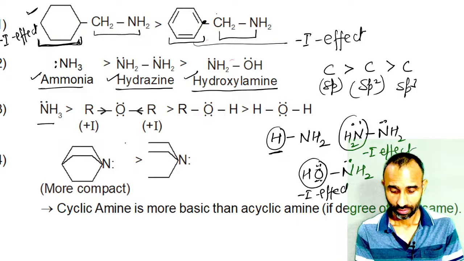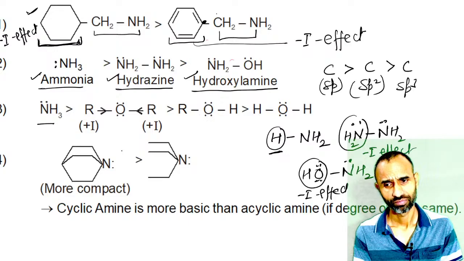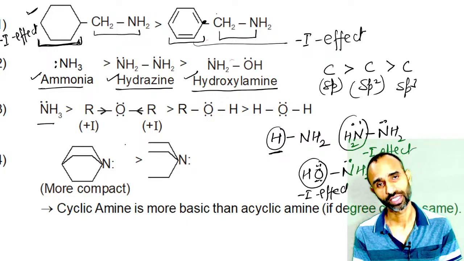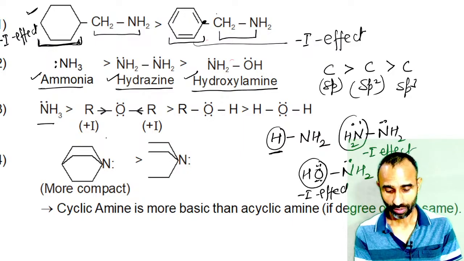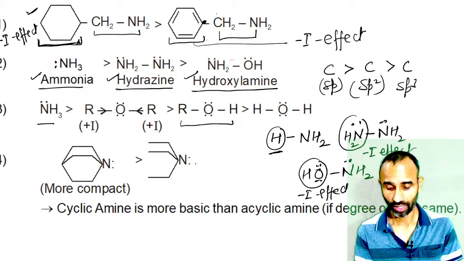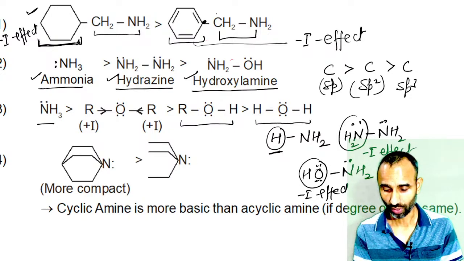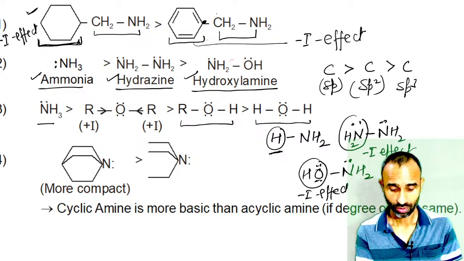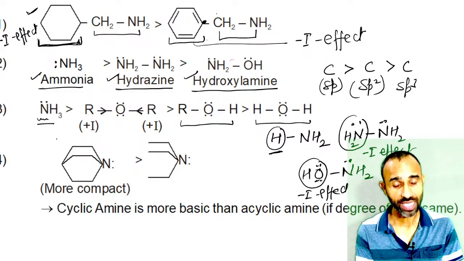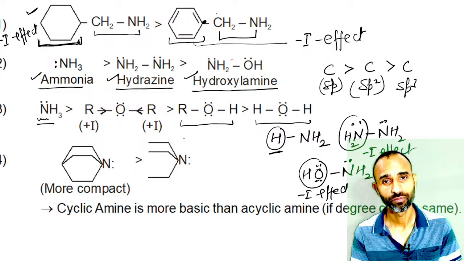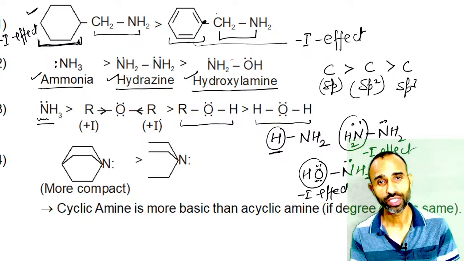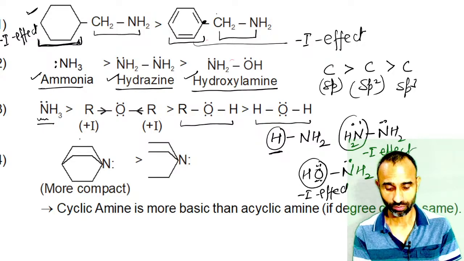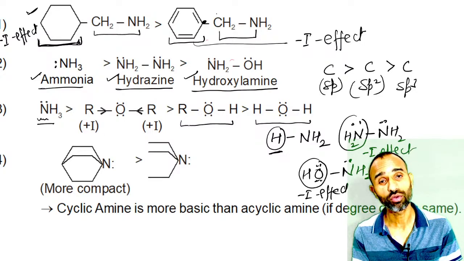Ammonia, ether, alcohol, water. So if we compare their basic strength, you know, nitrogen is less electronegative than oxygen, so nitrogen can donate electrons easily. So ammonia is more basic than ether. Now ether is more basic than alcohol. Why is it so?